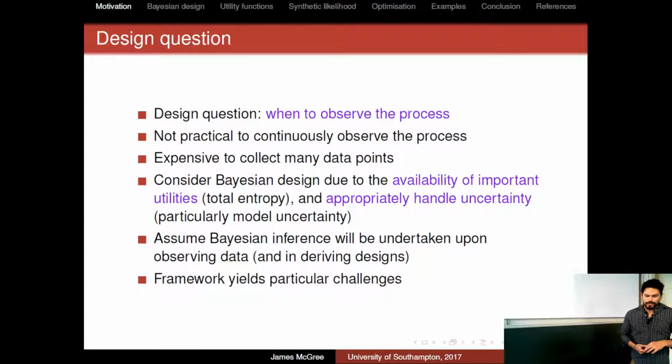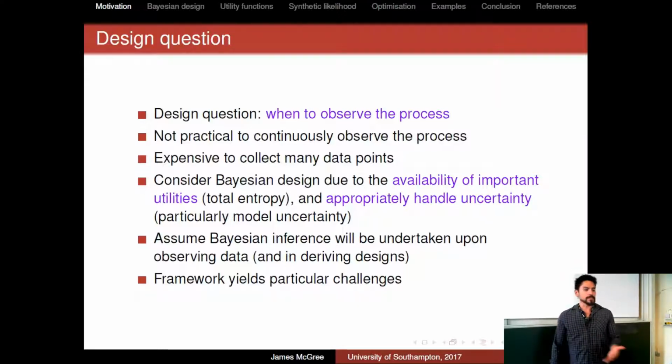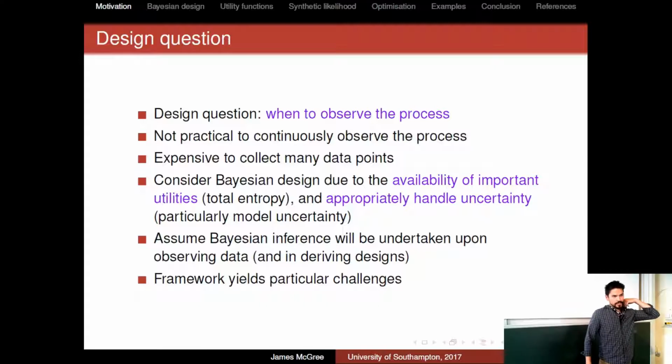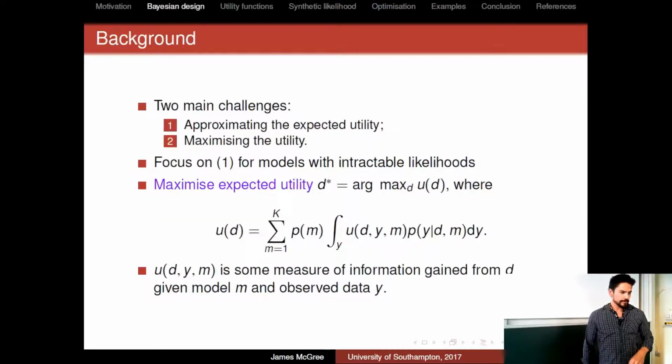Okay? So what does that mean? Well, it means Bayesian inference will be performed upon obtaining the data, but also in finding the design. That might seem obvious, but it's not always the case. So in doing that, we have particular challenges that I'll talk about.